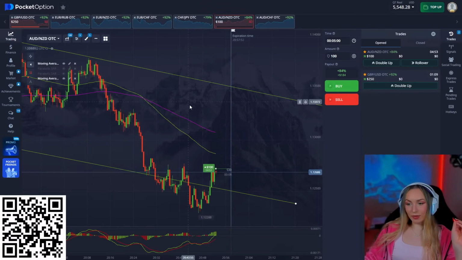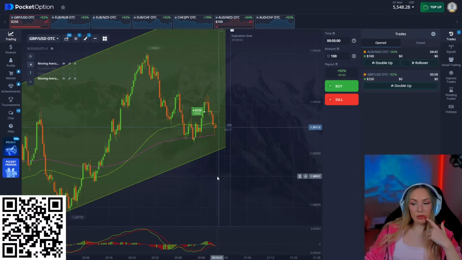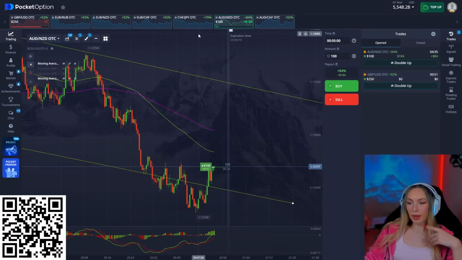Still here I believe that it will need 5 minutes. It's a little bit slow. GBP/USD, that was the first trade here. So there 3 minutes would be perfect. AUD and NZD I opened for 5 minutes again, because I believe that it will need more than 3 minutes to go up.